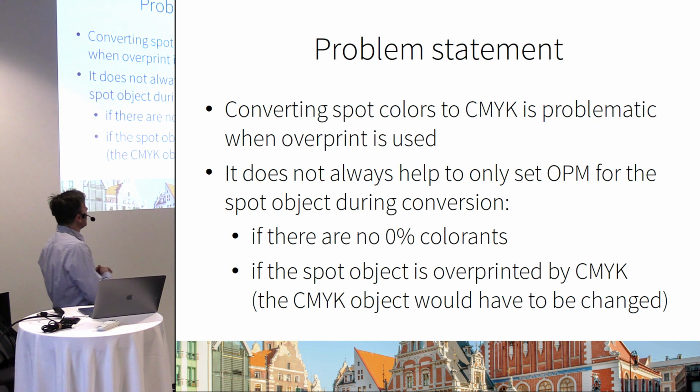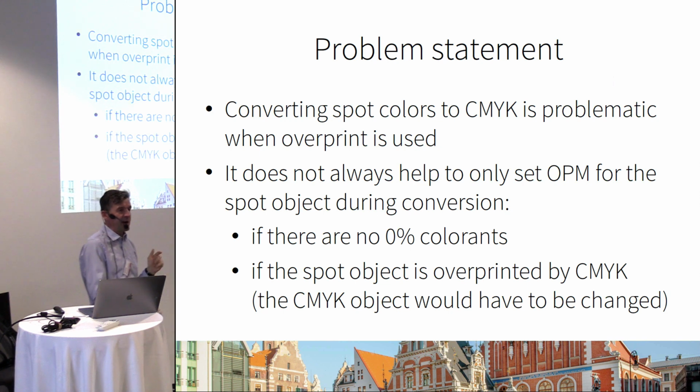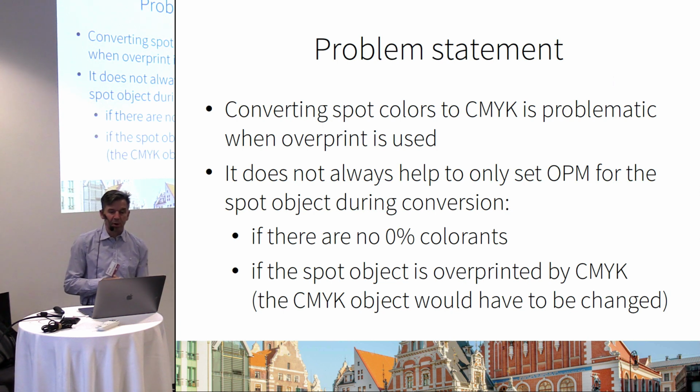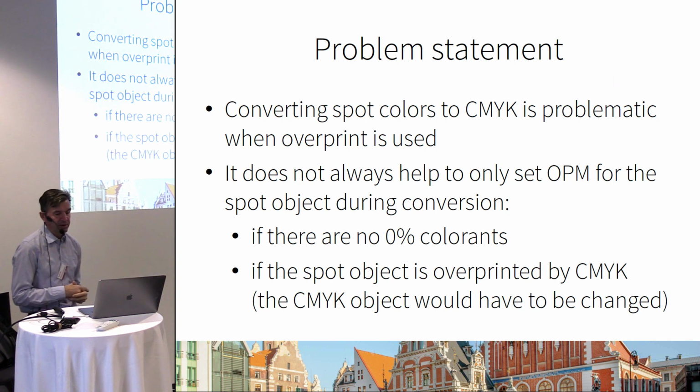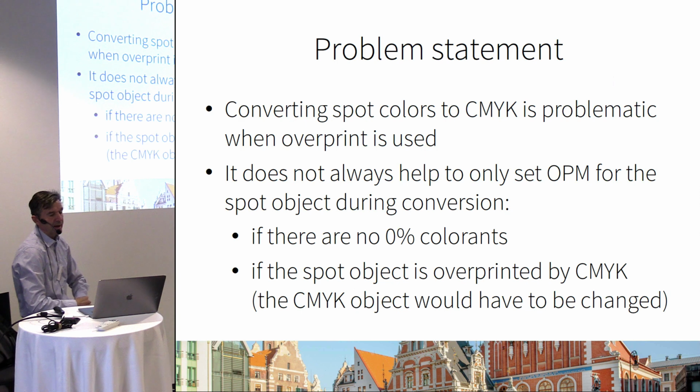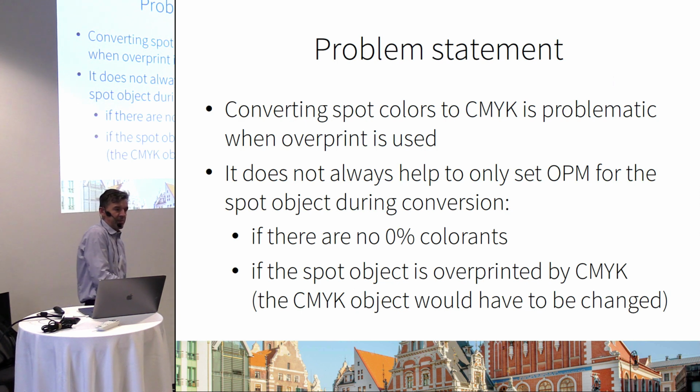So now we understand the problem. We understand converting spot colors to CMYK is problematic, at least when overprint is used, and sometimes it helps to just switch OPM on. If I have a spot color object and I switch OPM on, then it's better, definitely. Our engine always does so: when you convert a spot color object to CMYK, it always sets OPM.